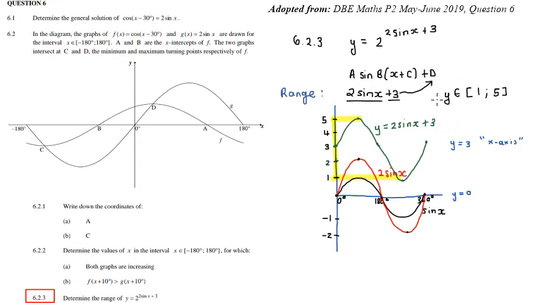We've now achieved one thing, which is to determine the range of this upper function, so this input function. Now, notice that this basically has a minimum value, so the lowest y value that it can attain, and it has a maximum value, so the highest y value that it can attain.